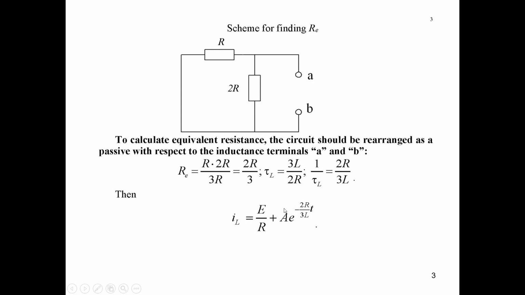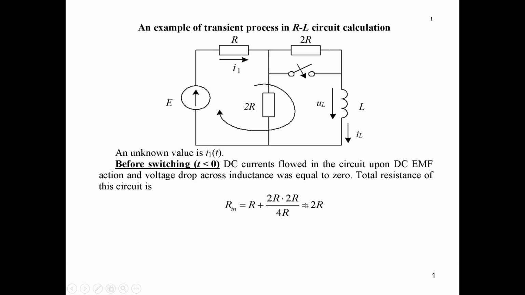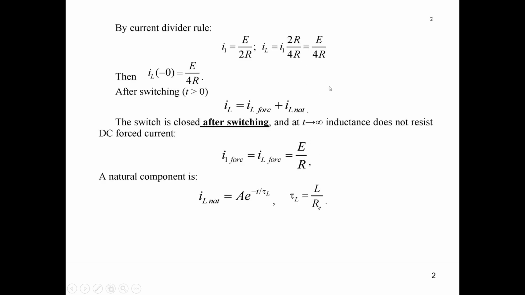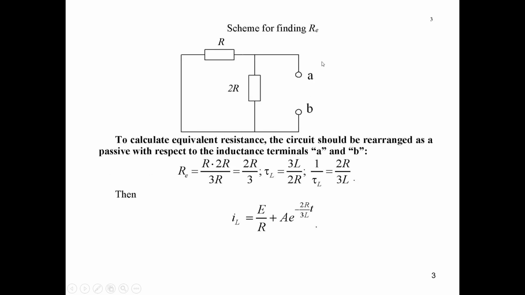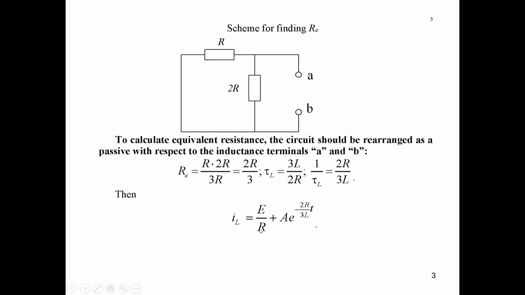To determine this integration constant, we should use the first commutation law, and we know that it is written here, yes. We know that the current before commutation through inductance was equal to E over 4R, yes, IL equals E over 4R before commutation, and after commutation it will be equal to this expression at t equal to 0.